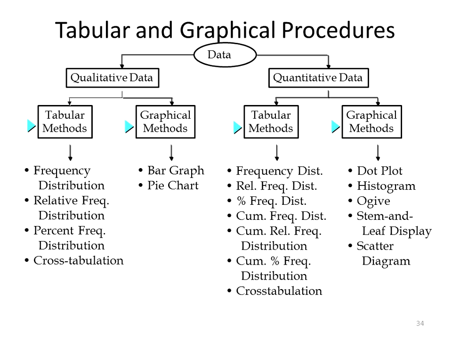Graphical methods for qualitative data are the bar chart and the pie chart. For quantitative data, the tabular methods are the frequency distribution, relative frequency, percent frequency distribution, cumulative frequency, cumulative relative frequency distribution, cumulative percent frequency distribution, and cross tabulation as well. And the graphical methods for quantitative data are the dot plot, histogram, ogive, stem and leaf, and scatter plot.